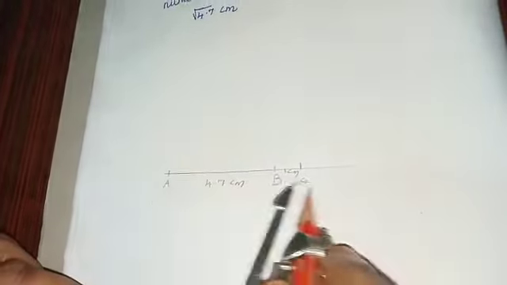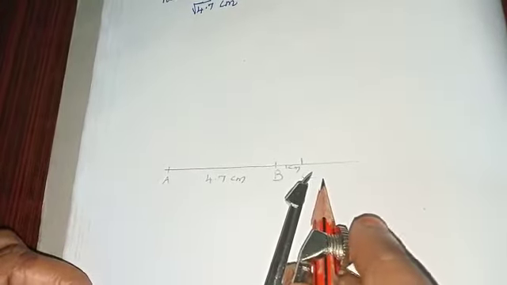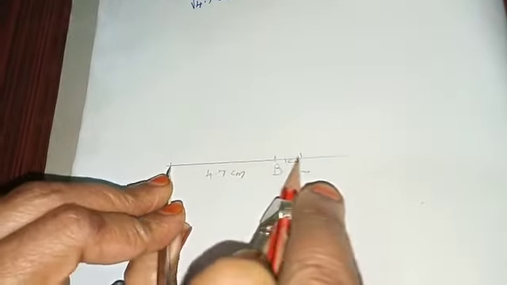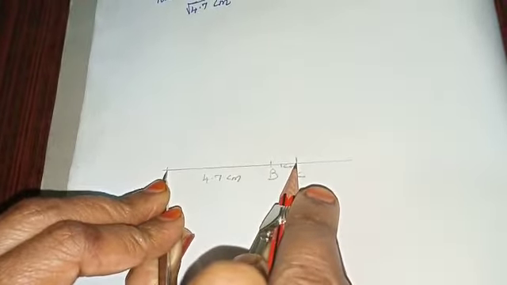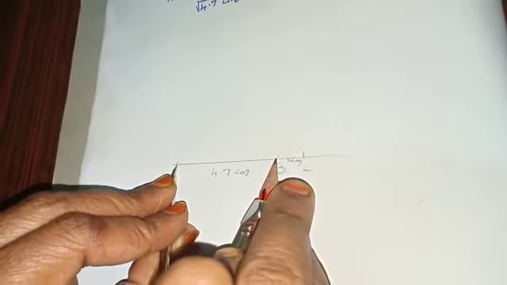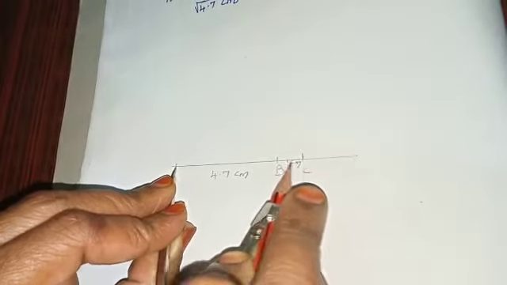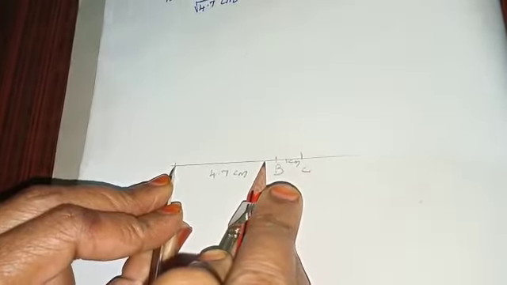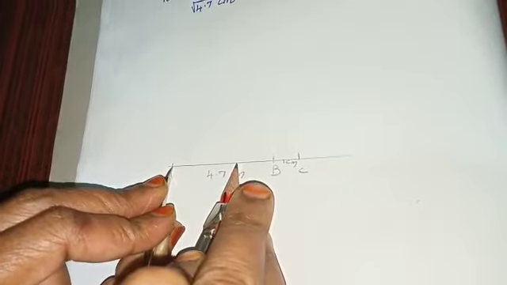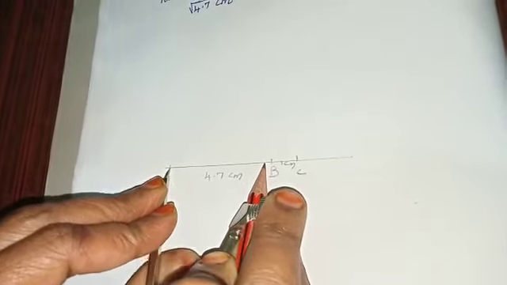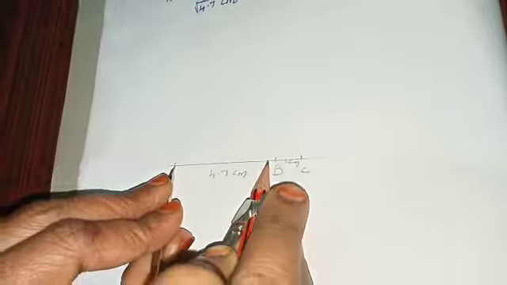Next we find the perpendicular bisector of AC. Do you know how to find the perpendicular bisector? This is AC. You take more than half of AC, and with that radius draw an arc up and down.